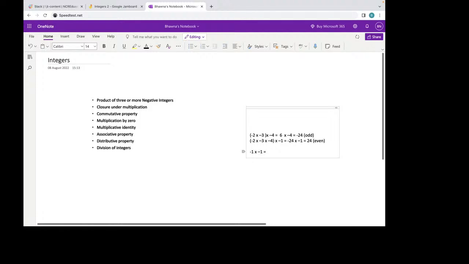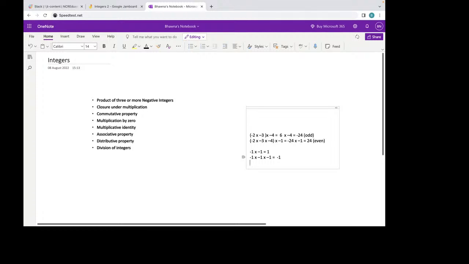I have multiplied -1 two times and I got 1, because both numbers are negative, so we get a positive number. Next, let's multiply -1 three times: -1 multiplied by -1 multiplied by -1. Since I know -1 multiplied by -1 is 1, 1 multiplied by -1 will be -1. So this time I have got -1.